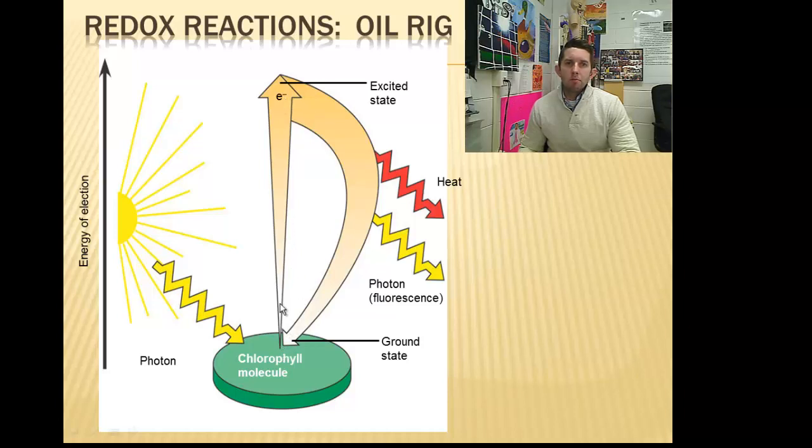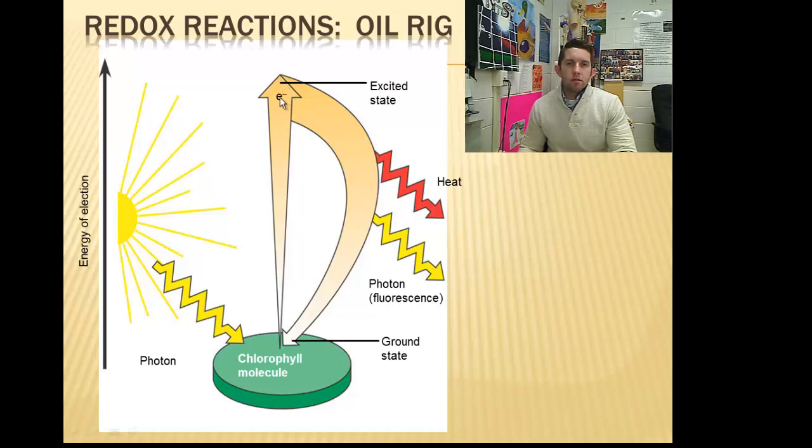Electrons get bumped from low energy states to an excited state. And when they're at this excited state, energy is released. If there's nothing up here to gain this electron, chlorophyll will actually fluoresce. It'll actually glow.